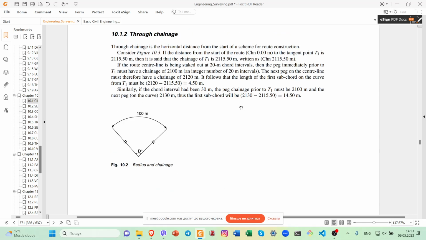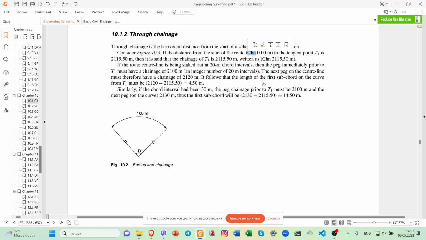If the distance from the start of the road is 0.0 meters, they use CHN.